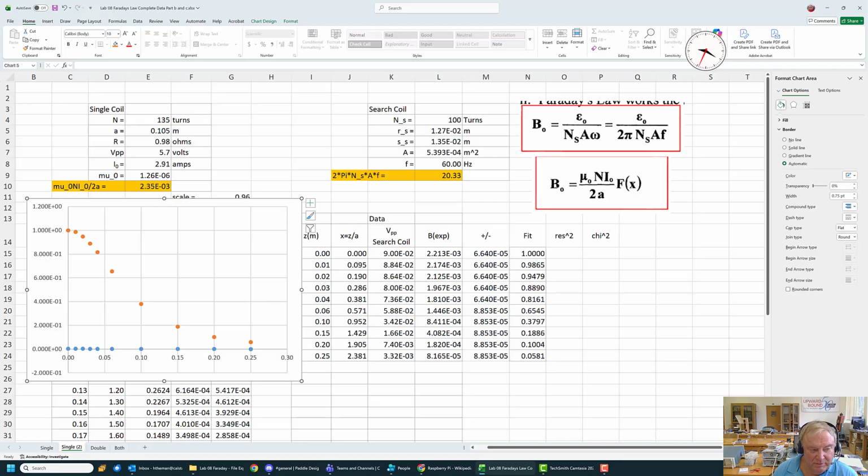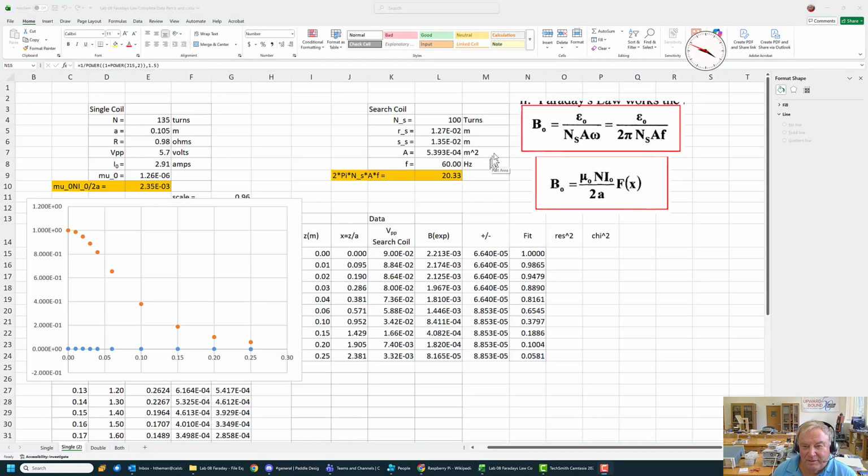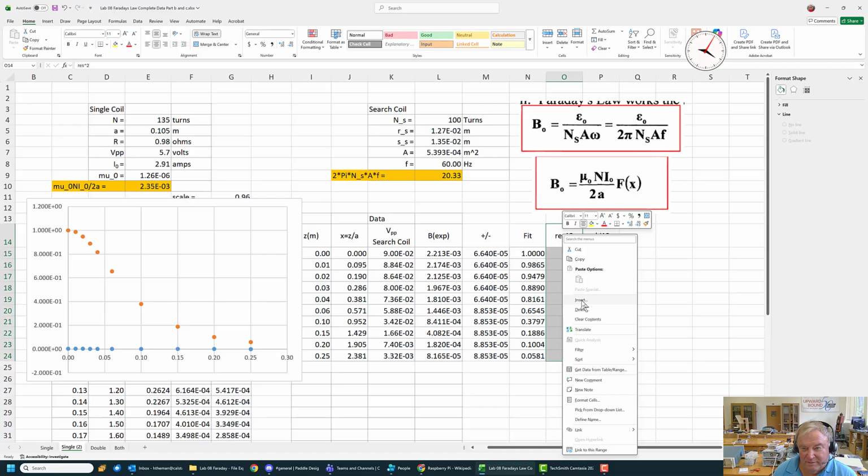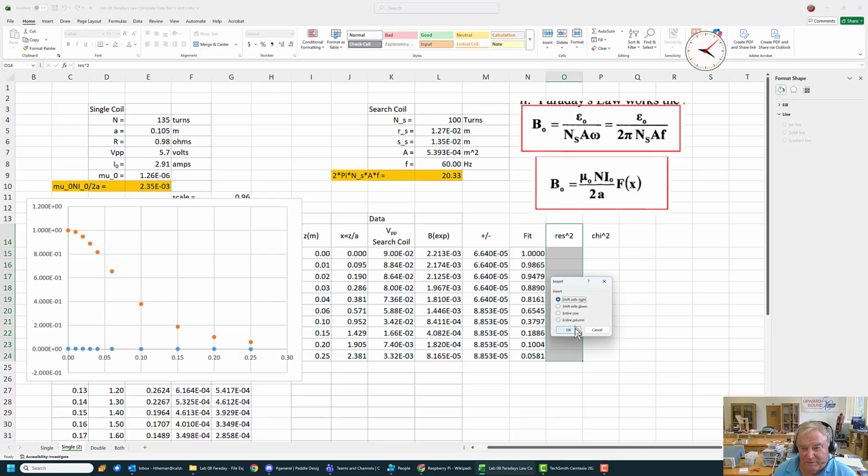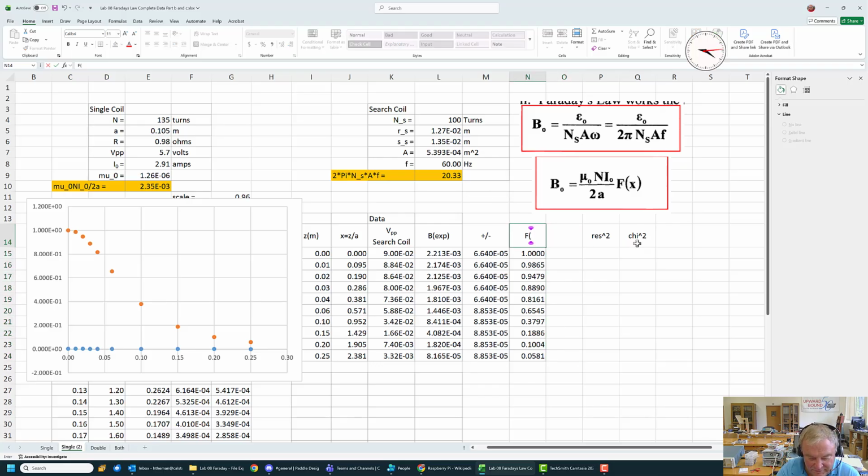Oh, let me pause for a moment. Well, duh. I forgot that this is not the actual fit. This is the values of f of x. So we got to insert, and we shift the cells right, and this is actually f of x, and this is the fit, and that's equal to our coefficient here.